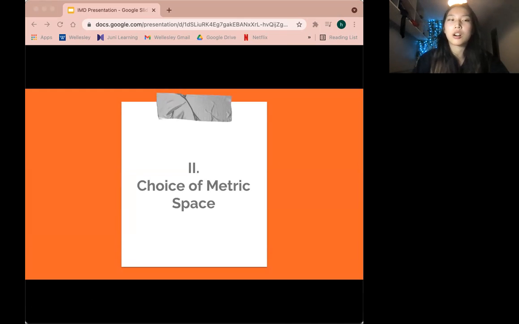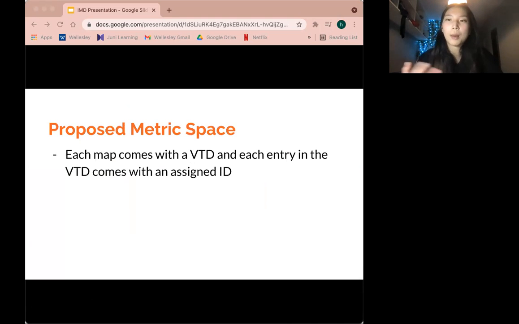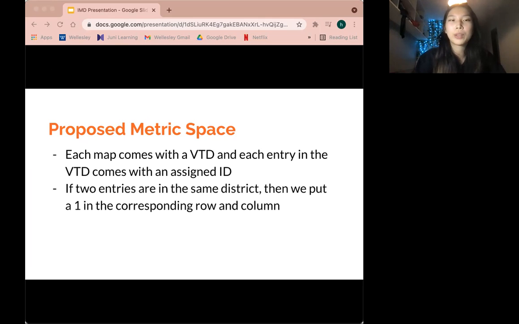And so next is our choice of metric space. Each map that we generate comes with a VTD, which stands for voter tabulation district. This data contains thousands of entries, and each entry represents between 0 and 2,000 people who all lie within the same district. Each entry is also numbered with an ID, a unique identifier.